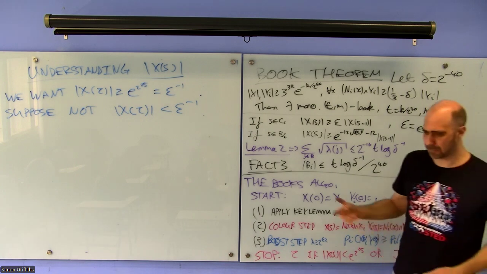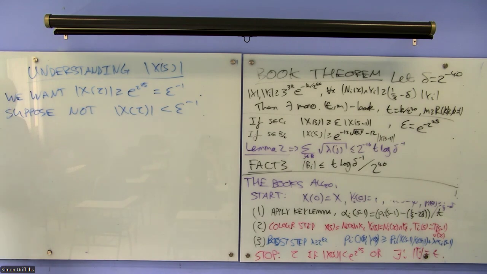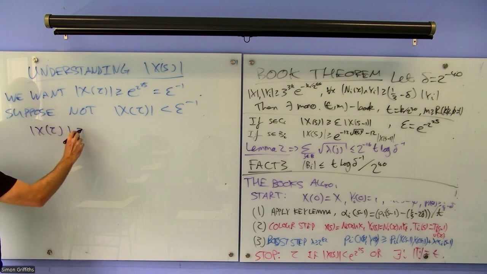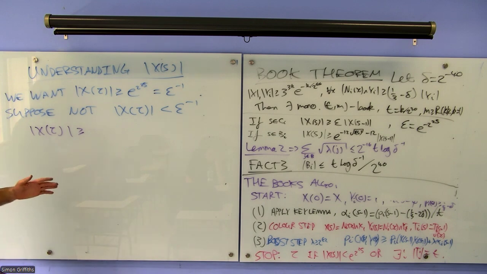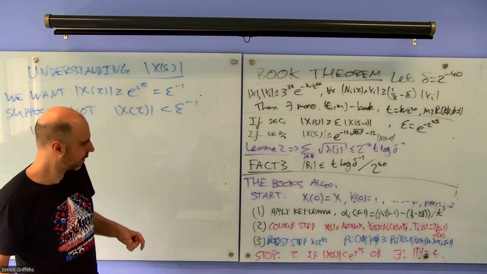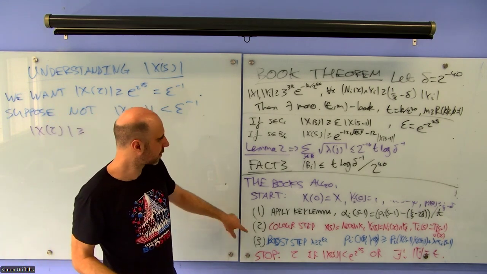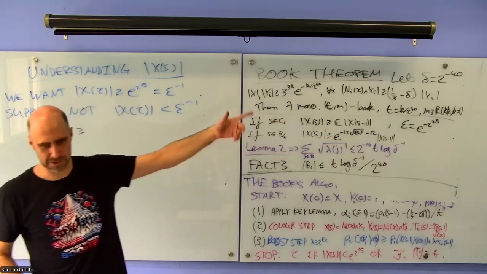What were the steps that happen to make it decrease? In other words, we could compare this to X_0. X_tau is at least, well, you've only done two types of steps that reduce the size of X. You've done the color steps, and then you go down by a factor of epsilon, this e to the minus 2 to the 25.